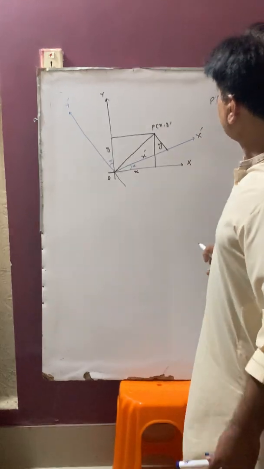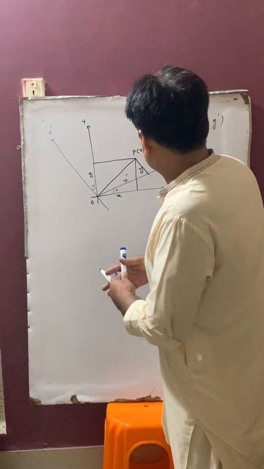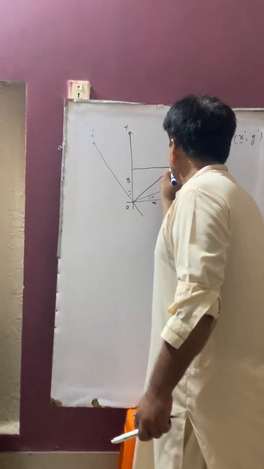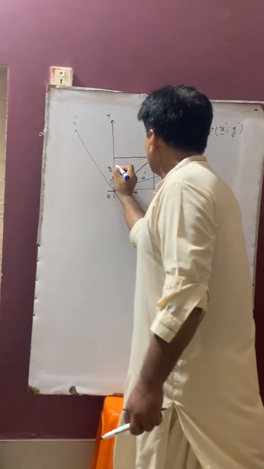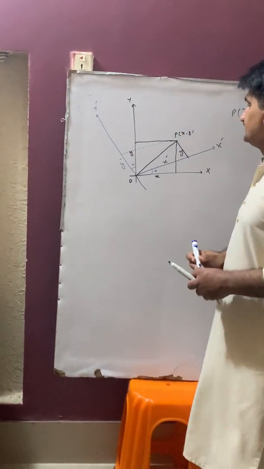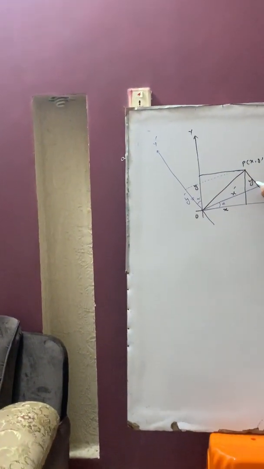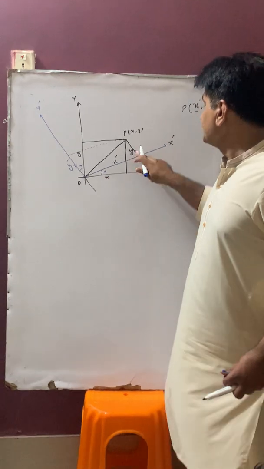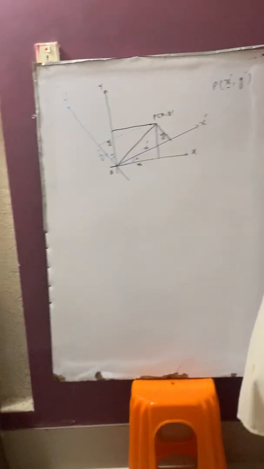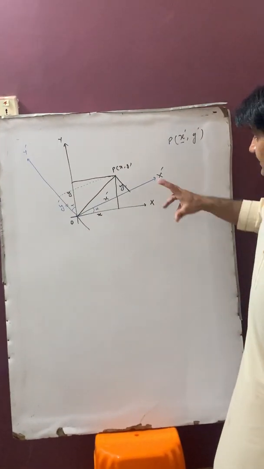Similarly, the second coordinate, that is y prime, we will draw a perpendicular on y and this will be y prime. Now this y prime and this one are the same, parallel and equal as represented in the figure.